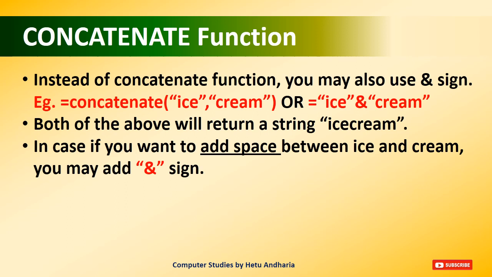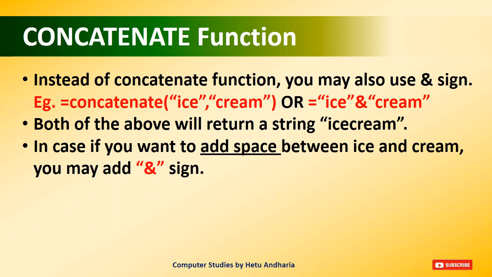Instead of the concatenate function, you may also use the AND sign. For example, two different words, ice and cream, are lying in two different cells, or straight away you want to join these two words, then you can type is equal to concatenate, double quotes ice.